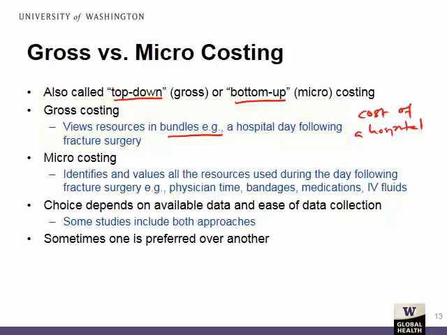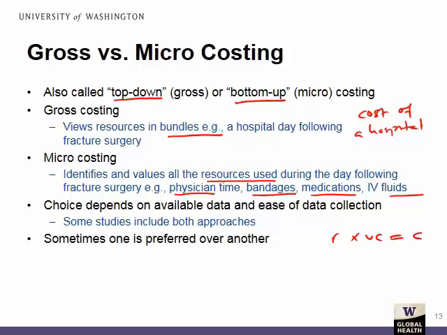Now, that's different from micro costing, in which you identify the values of all the resources that are used during that day. For example, you might say, well, in this day there were 30 minutes of physician time, 2 bandages, 10 doses of pain medication, and 4 bottles of IV fluids. And then you would assign a resource amount. After assigning the resource amount, you would then assign a unit cost. So resource times unit cost, and you would get the cost.